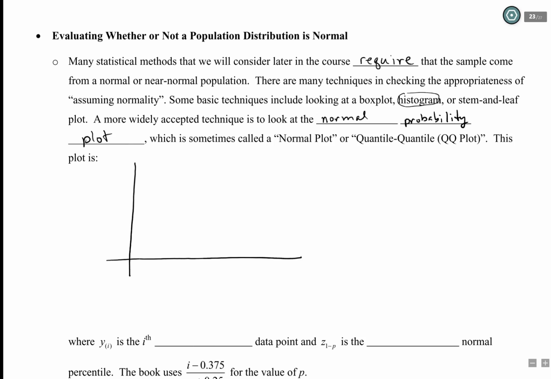On the coordinate plane here, you're going to plot the data. This is one way to do it, I should say.